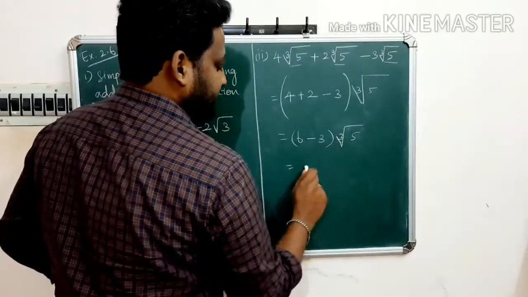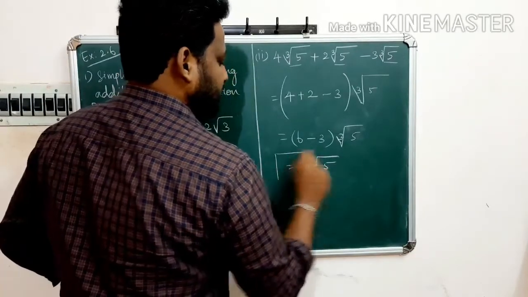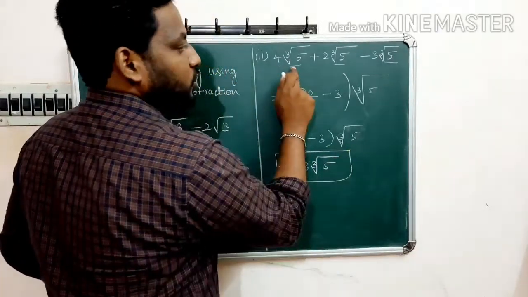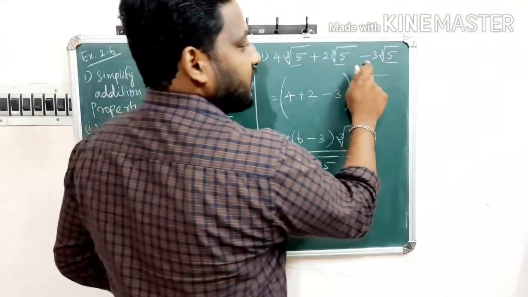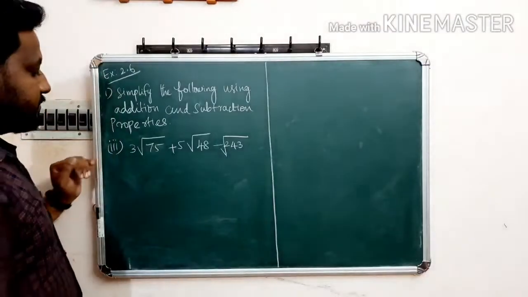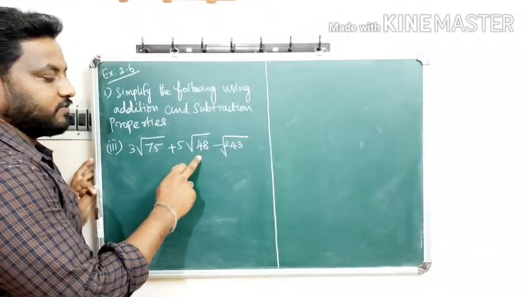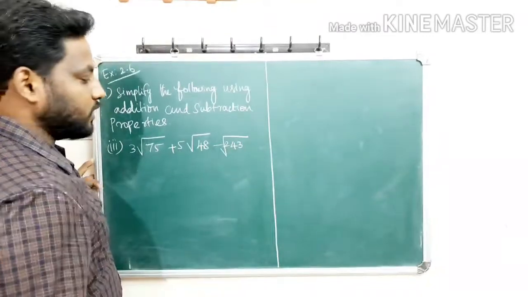So 6 minus 3 is equal to 3 cubic root of 5. So this is the answer for 4 cubic root of 5 plus 2 cubic root of 5 minus 3 cubic root of 5. Clear? And then third one, 3 root of 75 plus 5 root of 48 minus root of 243.